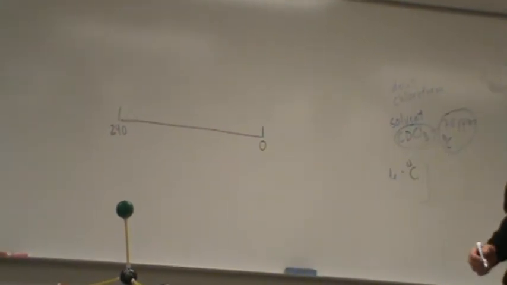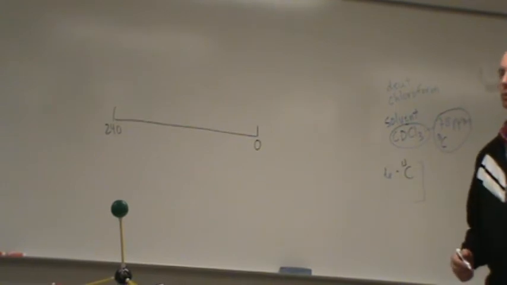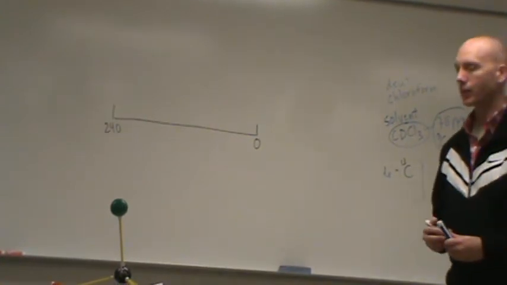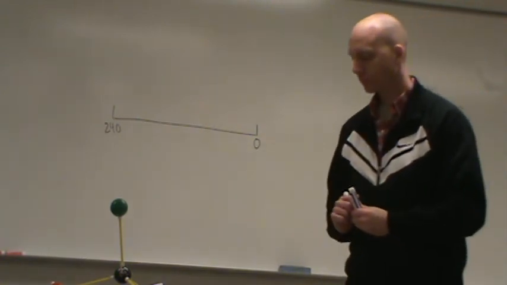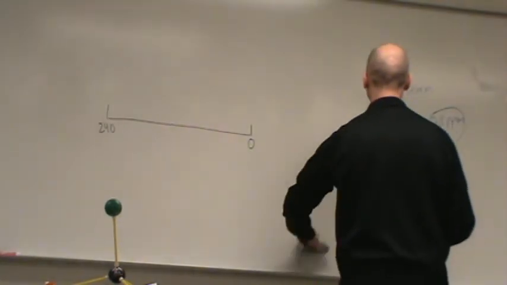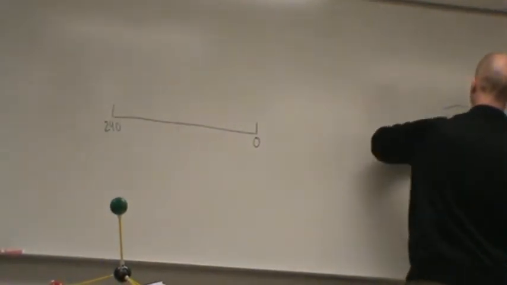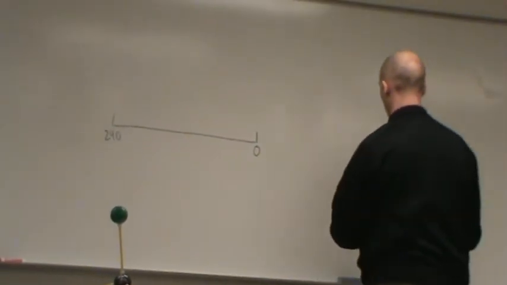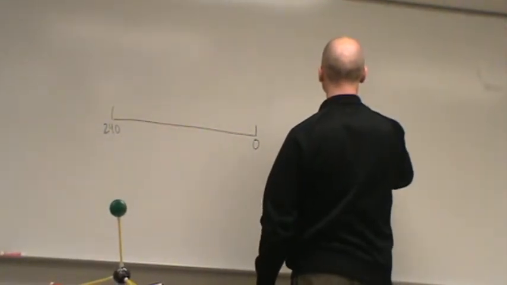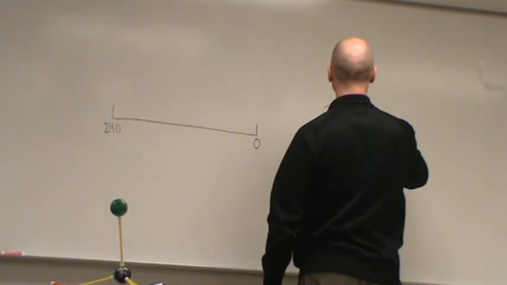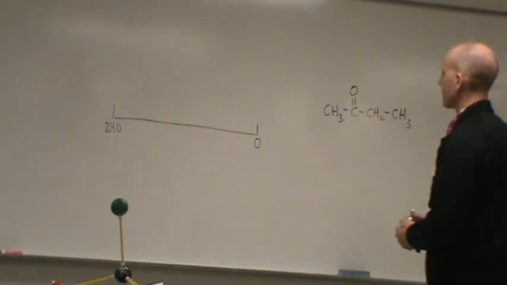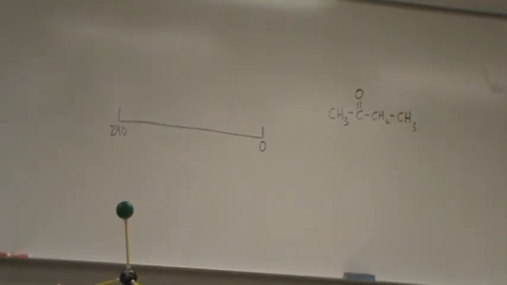The scale goes between 0 and 240, so it's a much longer spectrum than hydrogen NMR. Let's go ahead and look at the molecule that it gives us there. So here's the molecule we want to investigate.